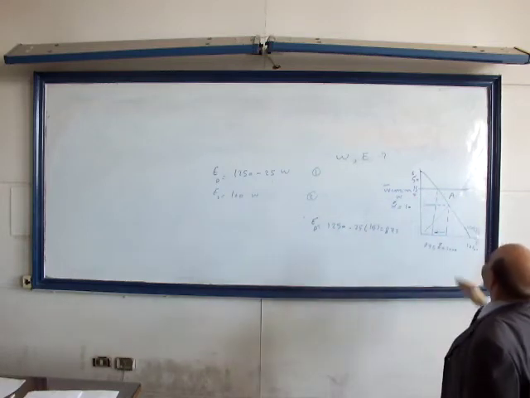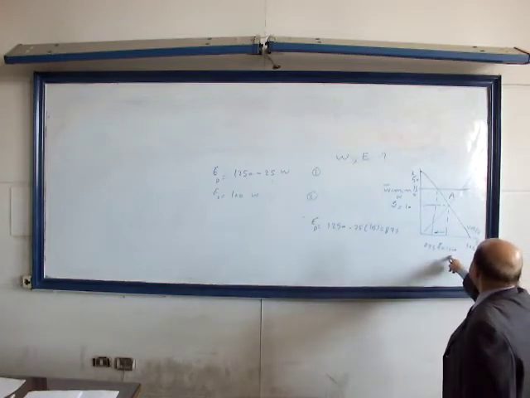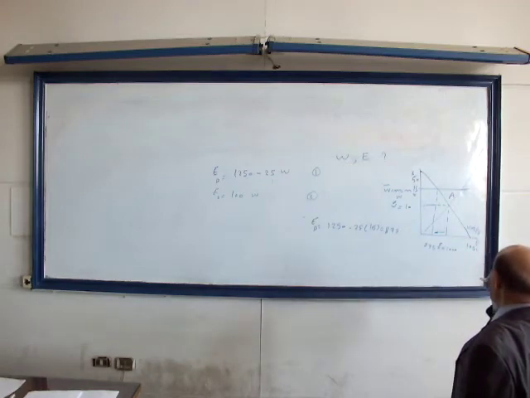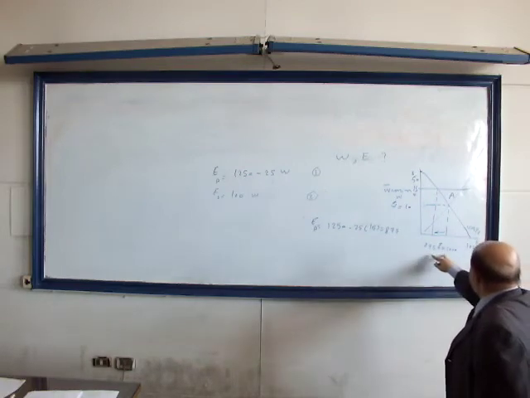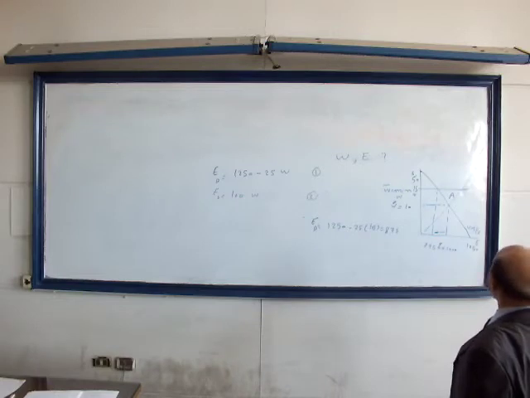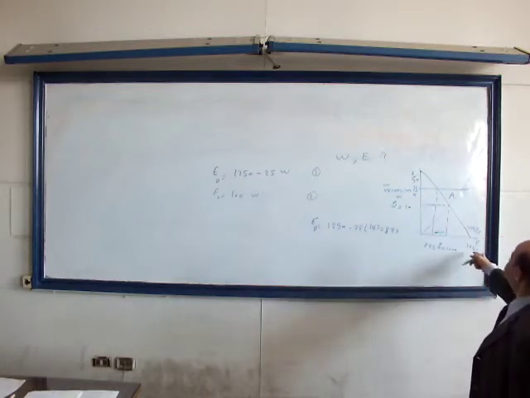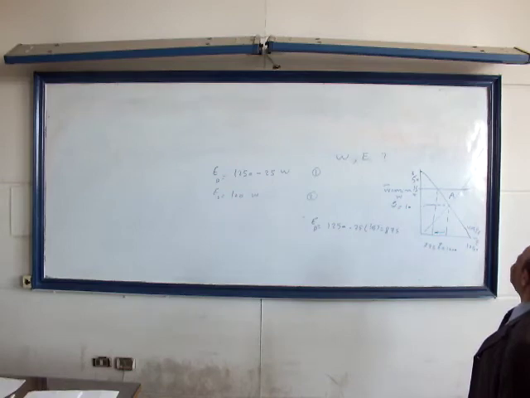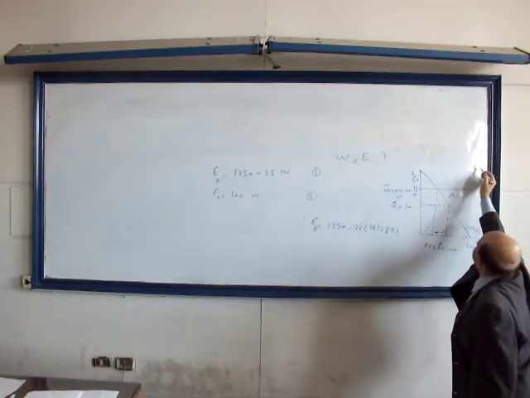Firms react and reduce employment. Instead of 1,000, they need only to hire 875. So the difference will be the number of workers who lose their jobs. Remember also, at this wage, you may have new entrants to the labor market because of supply. This is supply.